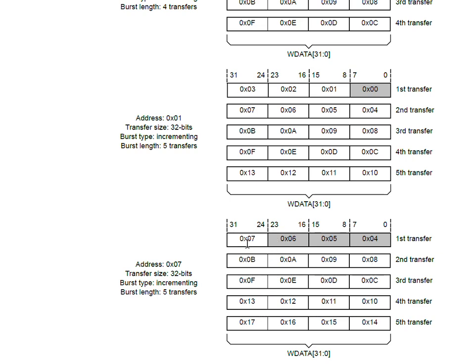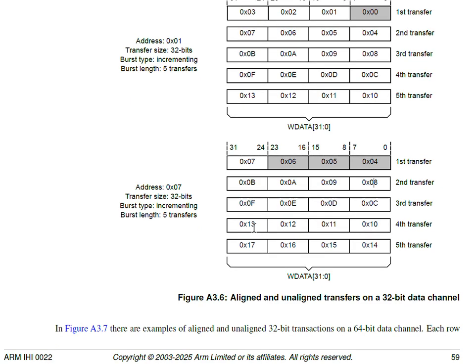So here it's supposed to be 5 transfers with 4 bytes in each transfer, which comes to 20 bytes. But effectively, only 17 bytes get transferred because the starting address you are given is an unaligned address.